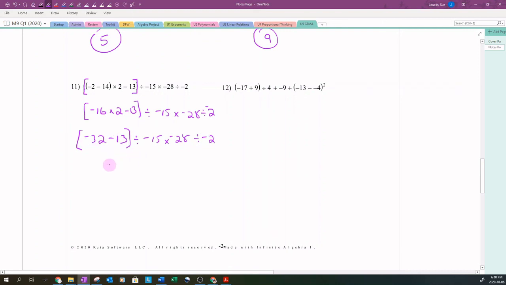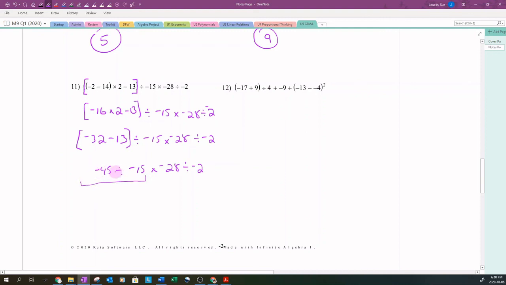Negative 32 minus 13 is negative 45, and I don't need the brackets anymore because I've changed everything that's in the brackets to that single number. Divided by negative 15 times negative 28 divided by negative 2. And I have to do these in order from left to right.